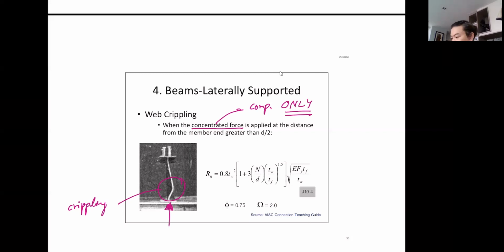Okay, so let's say if I have a beam like that, and I have the load hanging from the bottom of the beam like that, this beam can suffer yielding but not crippling. So if it's tension like this, crippling doesn't occur.